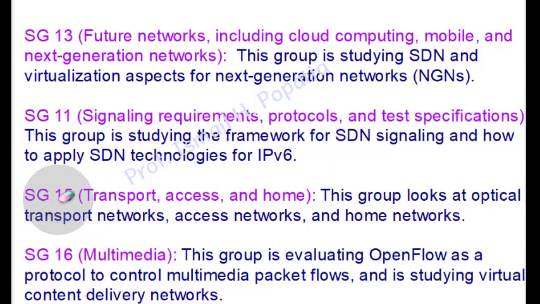Then we have SG15, which is concerned with the transport, access and home networks. Then we have SG16, with respect to multimedia. This group is evaluating OpenFlow as the protocol to control multimedia packet flows. So this OpenFlow is also one of the APIs, a southbound API.